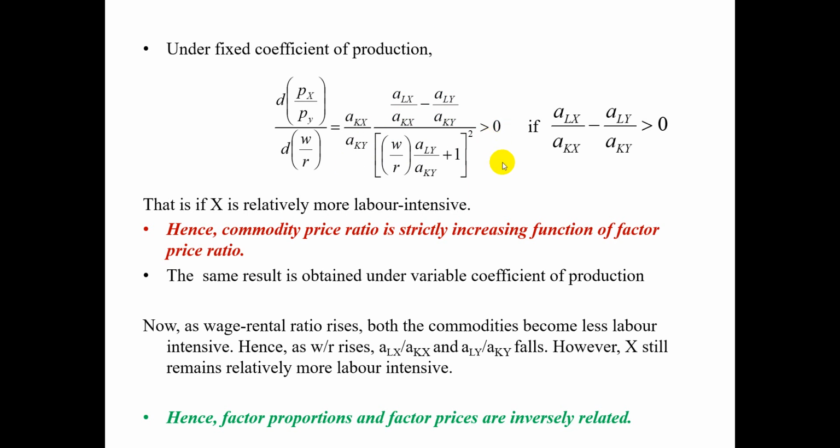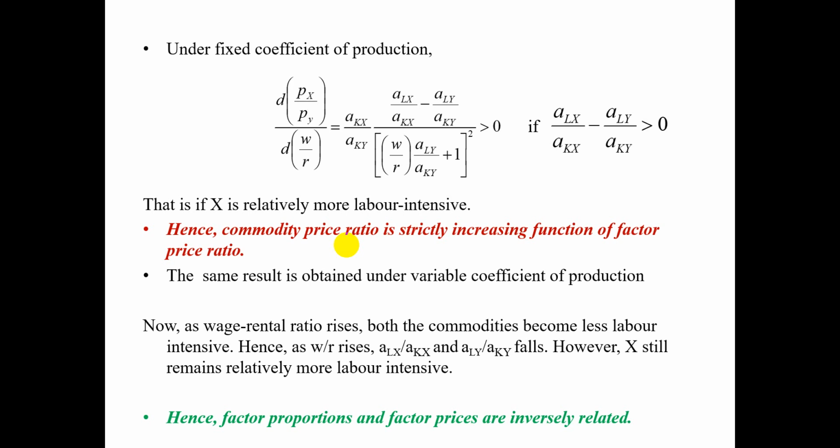So this right hand side is greater than 0. What's the implication of that? There is a positive, strictly increasing relationship between the commodity price ratio and the factor price ratio. So as W by R increases, Px by Py will also increase.